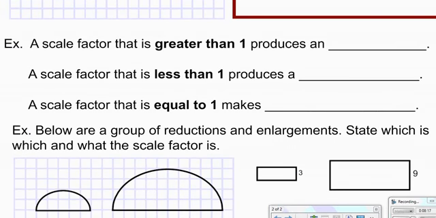Okay, so a couple rules. You might want to star these just to help you remember. They're a nice little thing to help you remember, that if you have a scale factor that is greater than 1, so larger than 1, you are going to get an enlargement because you are multiplying it by something bigger than itself.